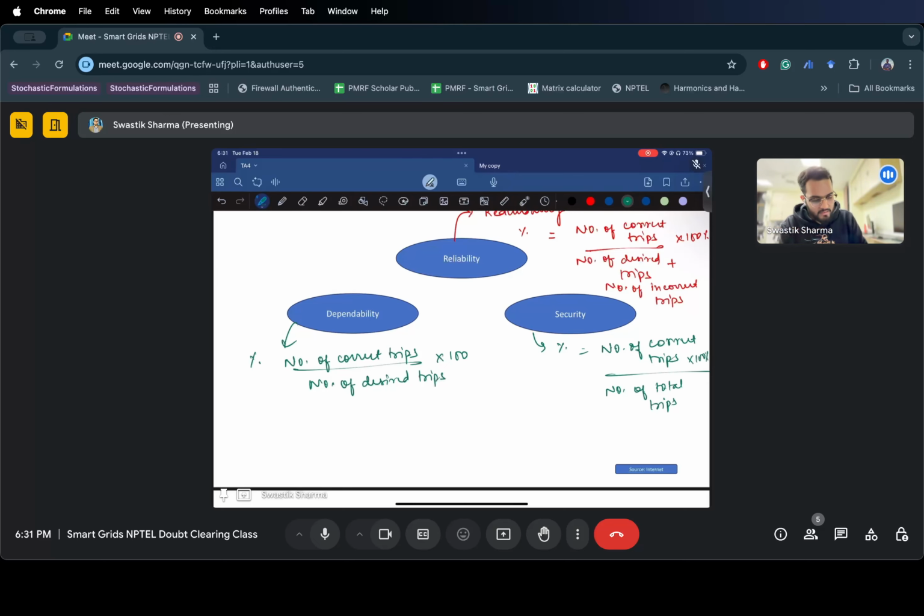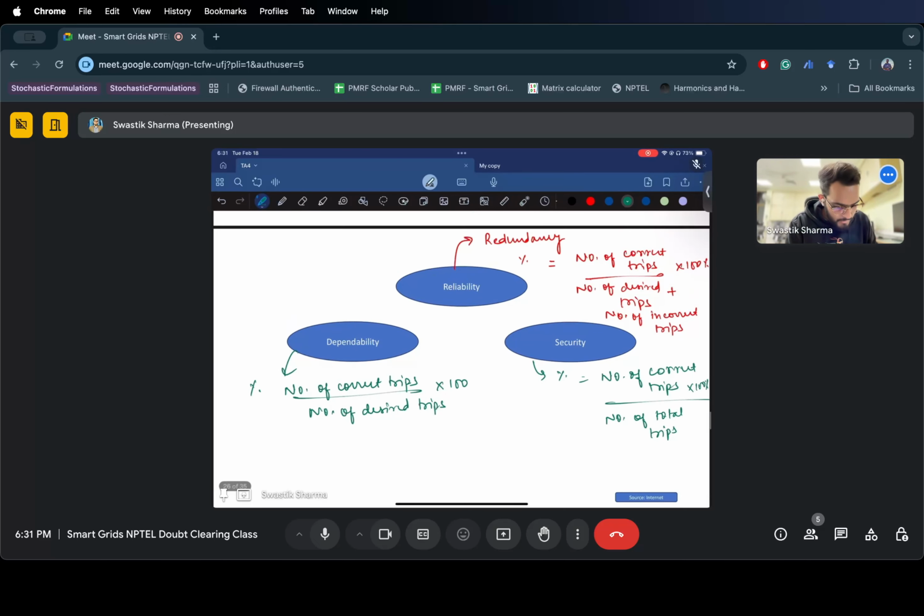So how is it different from reliability? In reliability, you are measuring, for the total desired trips and your incorrect trips, how many times correct trips happened. There could be times when it didn't trip at all, and you wanted it to trip. That is why the number of desired trips was there.